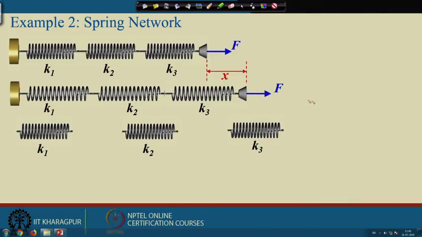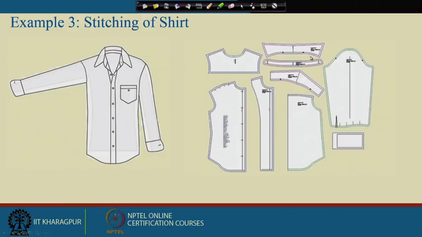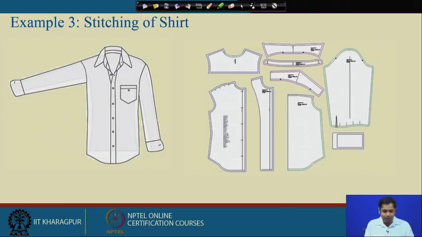So this is an example. Suppose I want to make a shirt. This is the thing that if you go to any tailor shop, they do. This is the final product, and in order to make this final product, what the tailor does is make a few cut pieces like this.